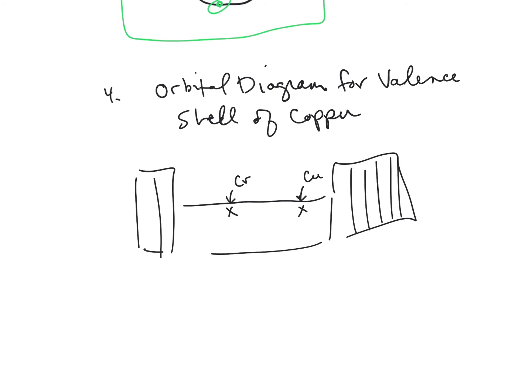And these are the 2 exceptions to the filling of the electrons into the electron configuration. So they tend to grab electrons from 4s and put them into the 3d in order to achieve stability. And there are others.